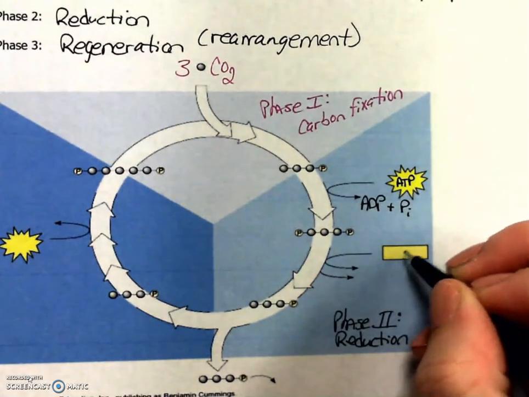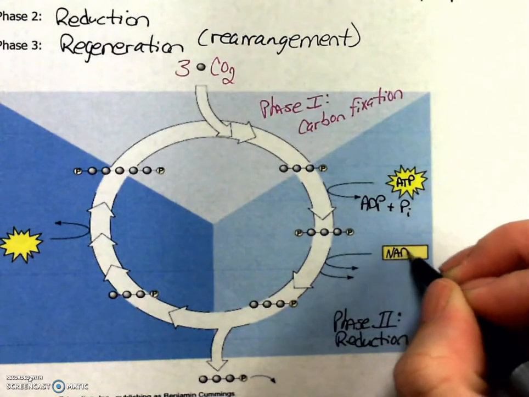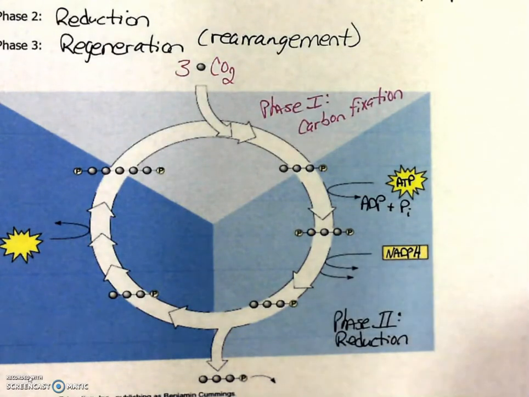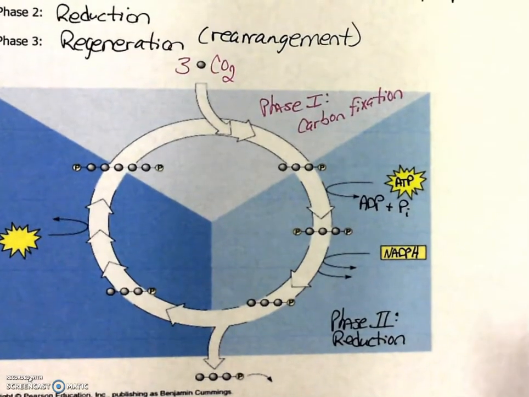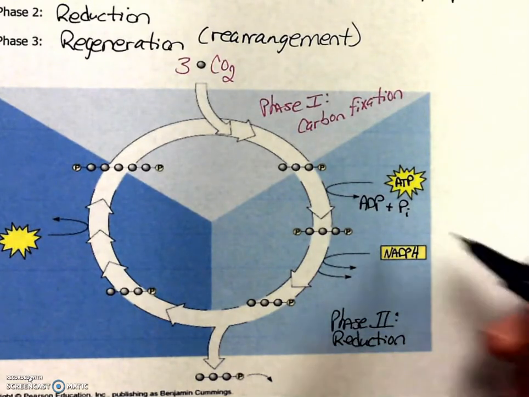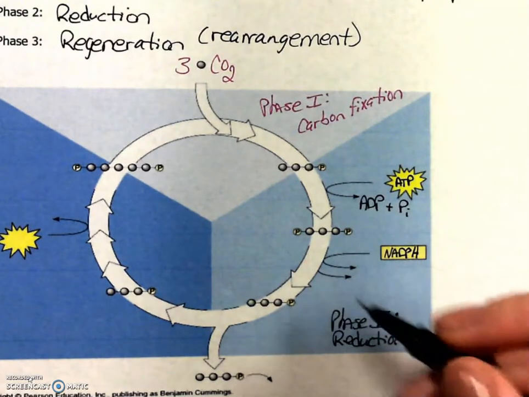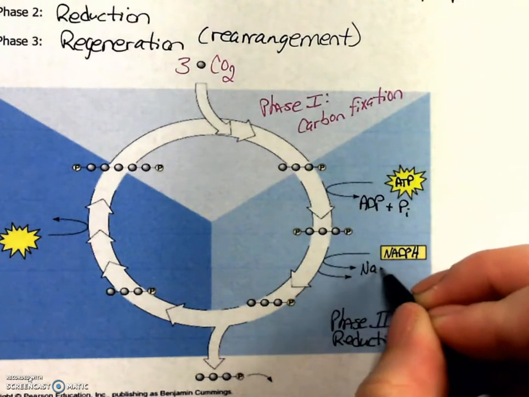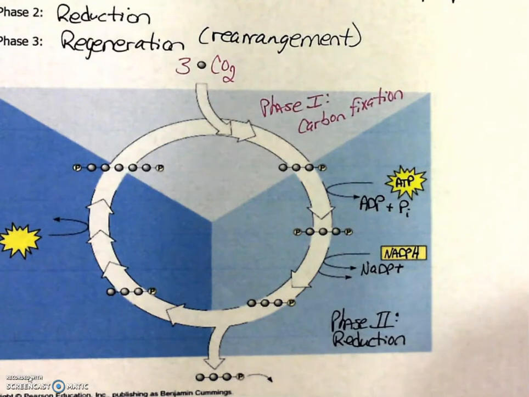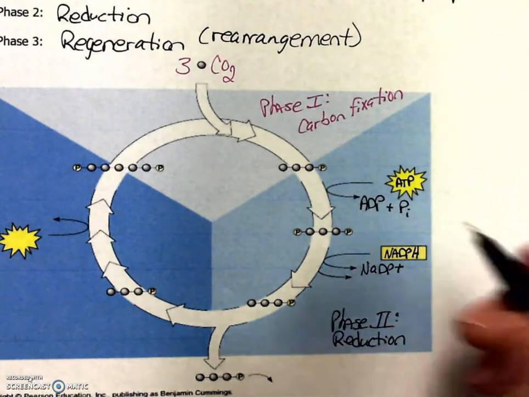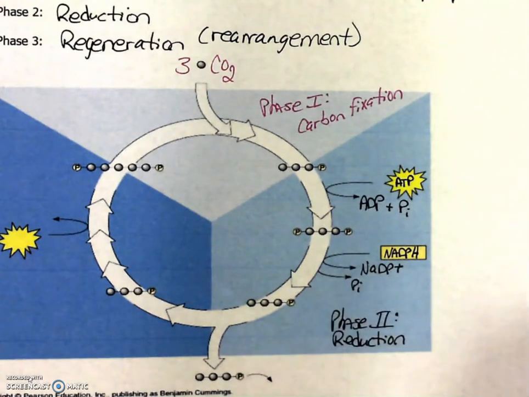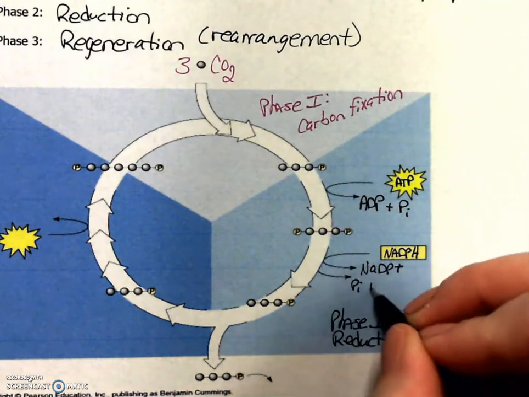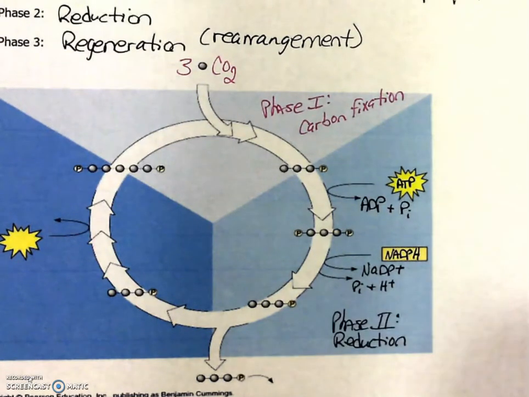And here, this is our NADPH molecule that also comes from the thylakoids of the light reaction. It's going to be broken apart, and it is going to be regenerated into NADP+, free-floating inorganic phosphates and hydrogen ions.